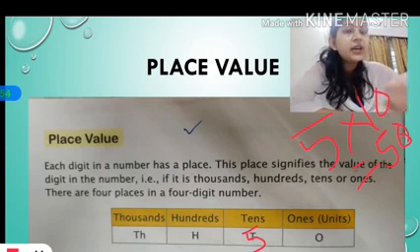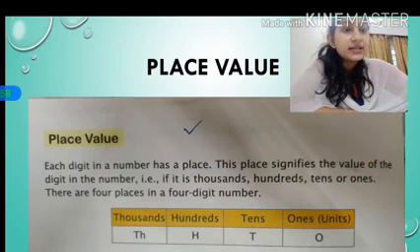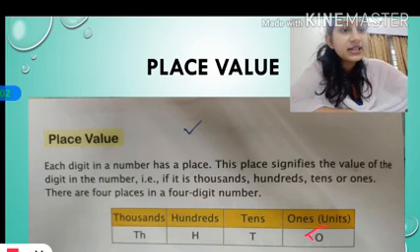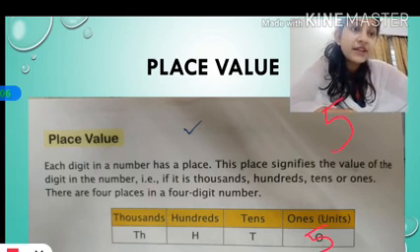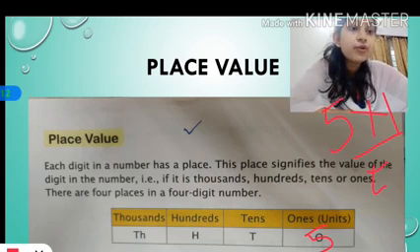And if that number is sitting here in the ones place, its value will be 5 into 1. Ones means 1, we will be multiplying it by 1. So it will be 5 only.